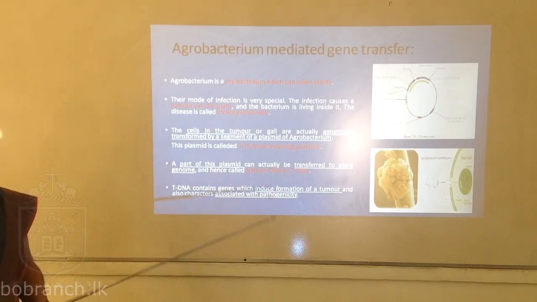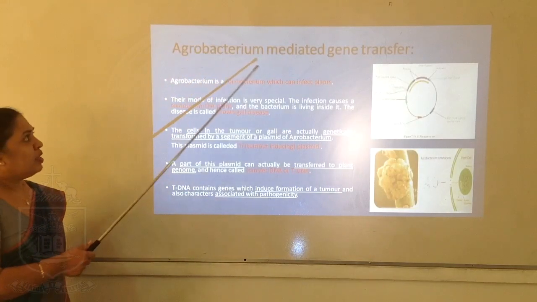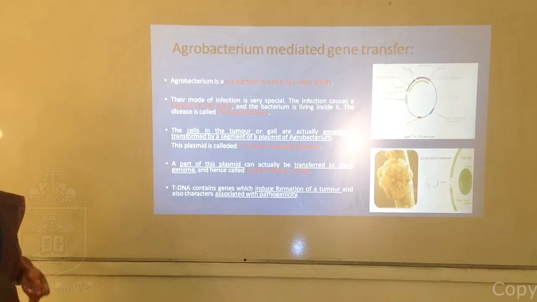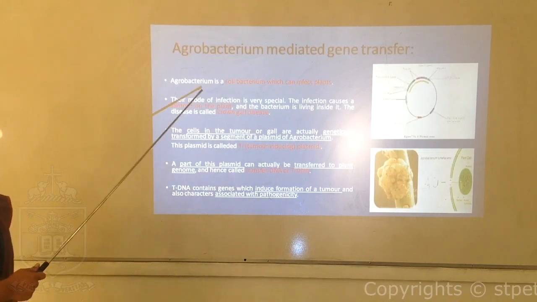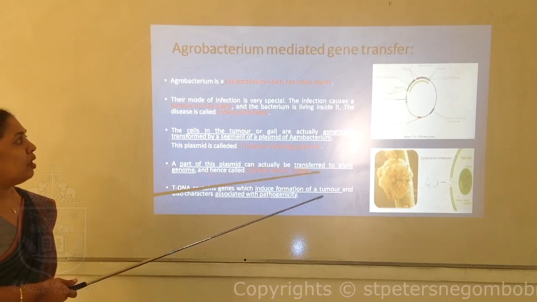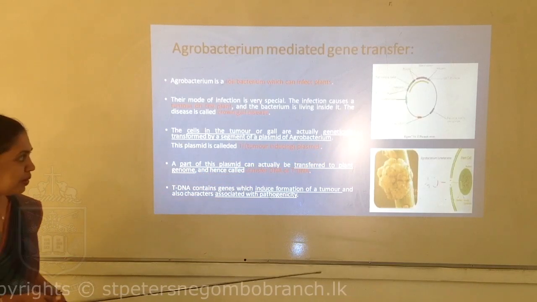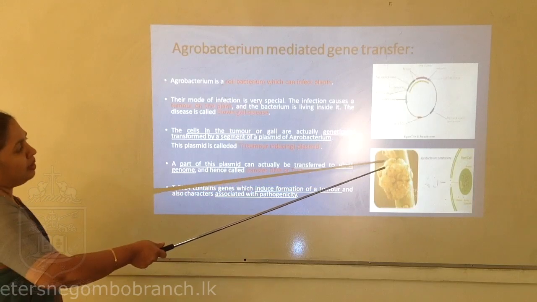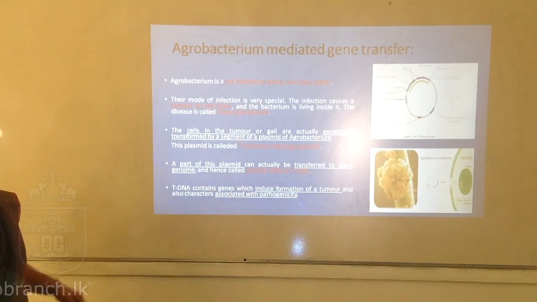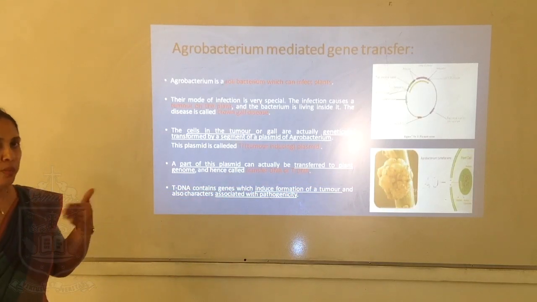And there's another method, agrobacterium mediated gene transfer. This is also a natural process. Agrobacterium is a soil bacterium. It can infect plants. When it infects plants, it forms a disease, crown gall disease. Actually, crown gall disease is a tumor in the plant.